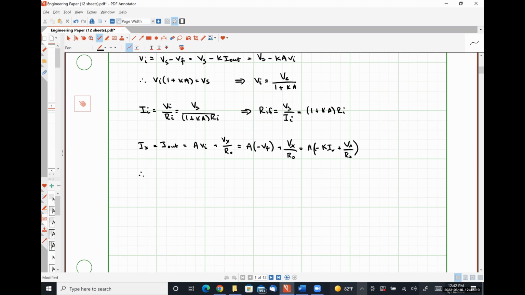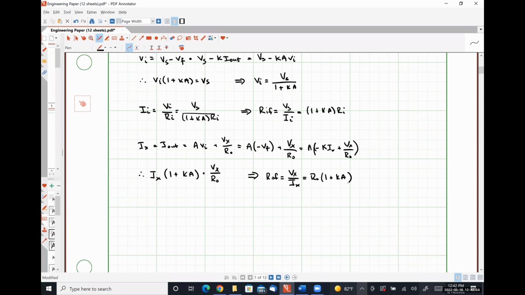And rearranging, we find Ix times 1 plus Ka is equal to Vx over R naught. And therefore, our output resistance with feedback, ROF, Vx over Ix, is RO times 1 plus Ka.